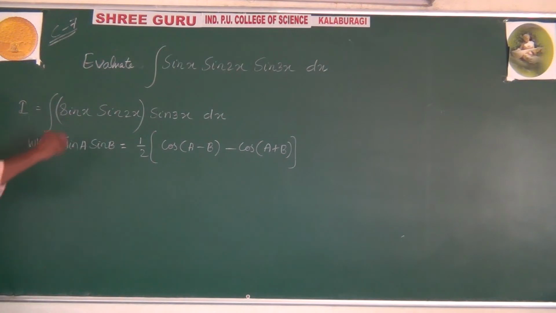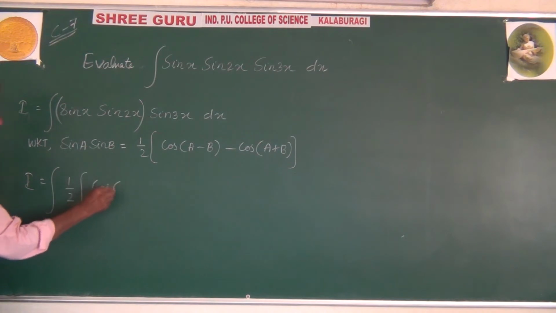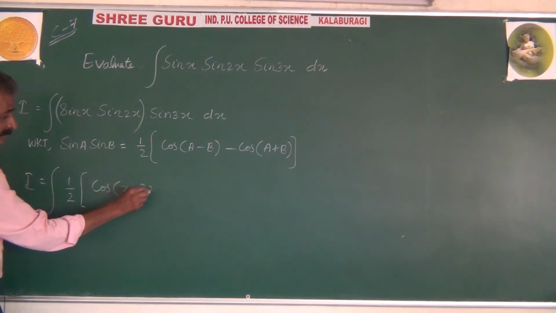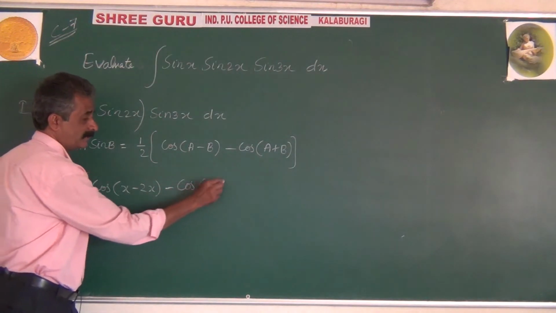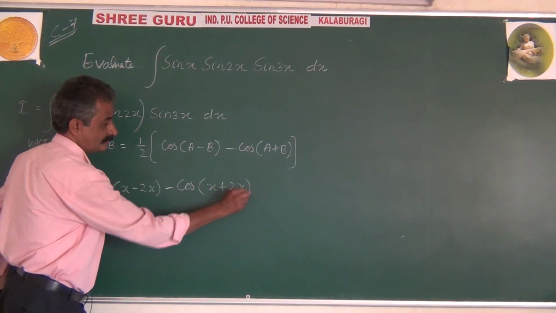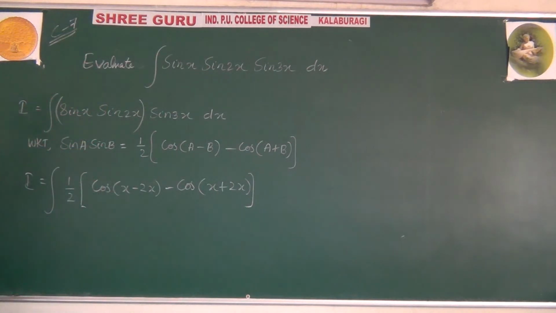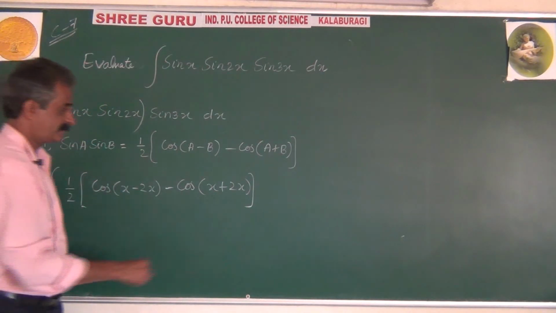On using that formula for the first two terms, I equals integration 1 by 2 bracket cos(A minus B), meaning x minus 2x, minus cos(A plus B), which becomes x plus 2x, into sin 3x.